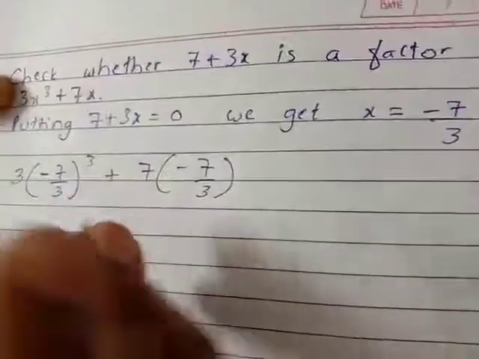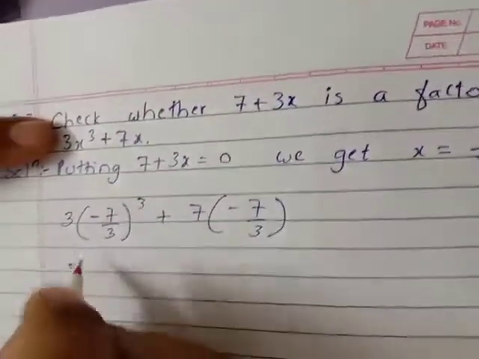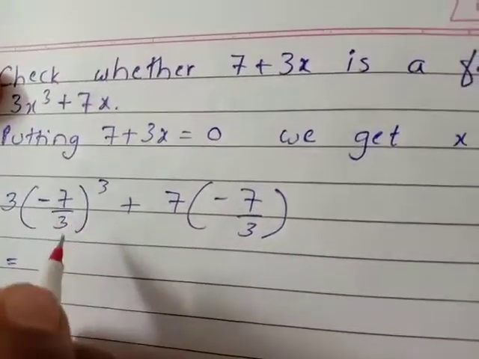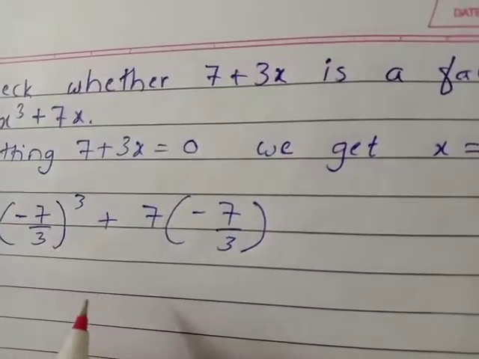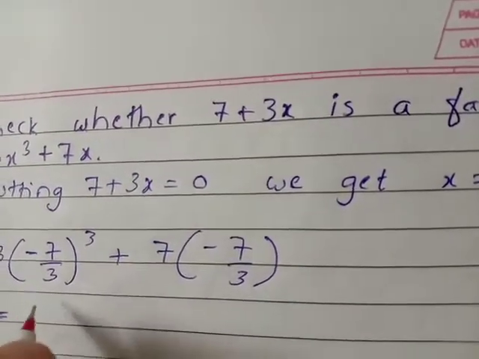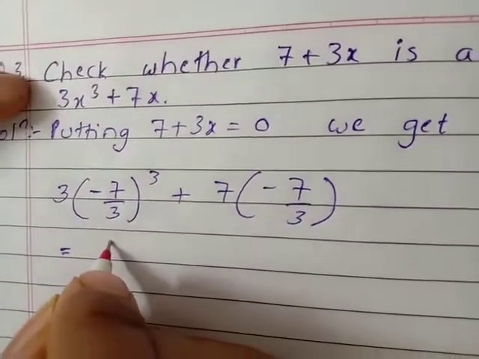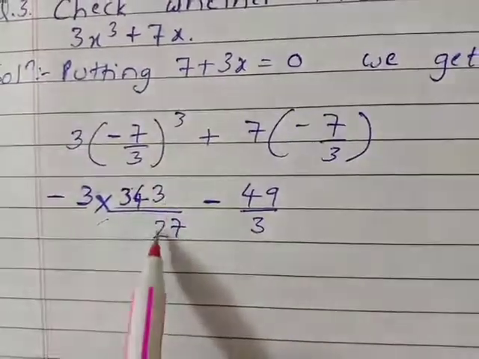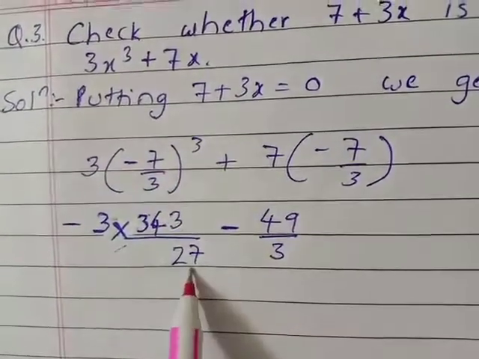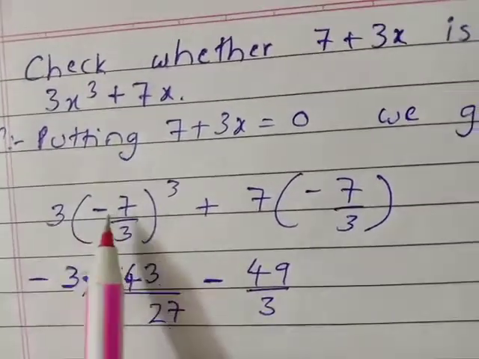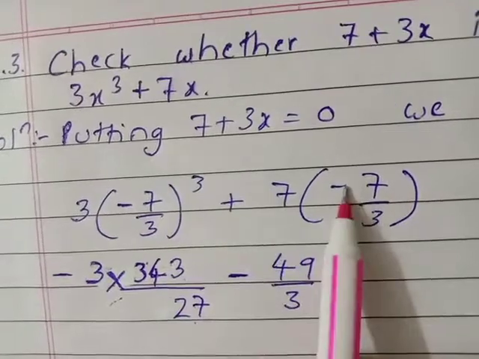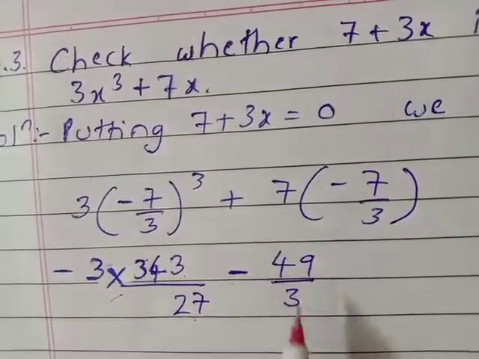Now we will solve this. 7 into 7 into 7, 3 times, so what is it? 7 7s are 49. 49 into 7 is 343. 343 divided by 3 cube, which is 27. This 3 will remain as it is, and minus sign will remain as it is since it is a cube, and minus plus plus is minus. 7 7s are 49 by 3.